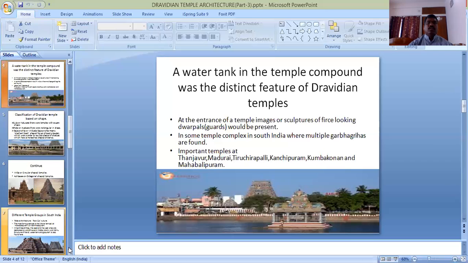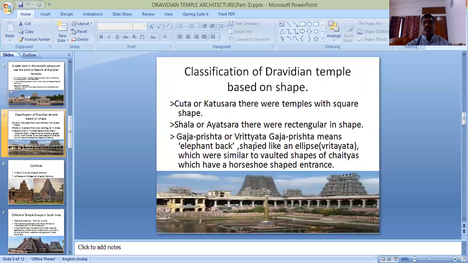So the Dravidian temple style of architecture is also classified based on shape. I am trying to mention here the classification of Dravidian temples based on shape. Kuta or Chaturashra temples are square in shape.